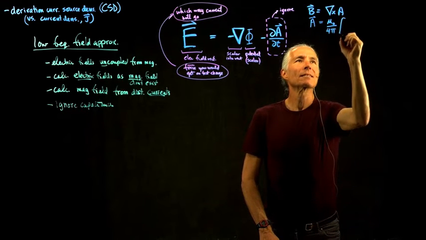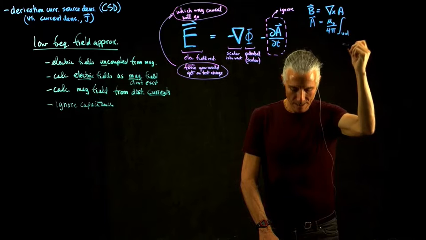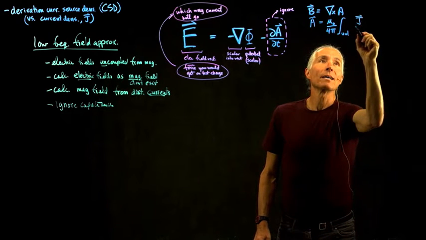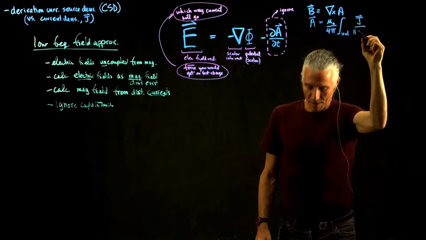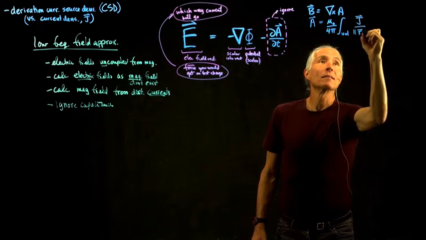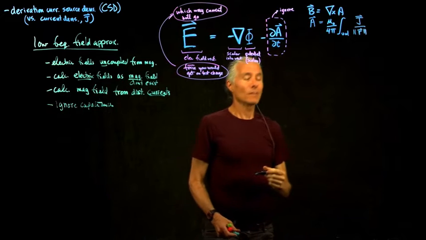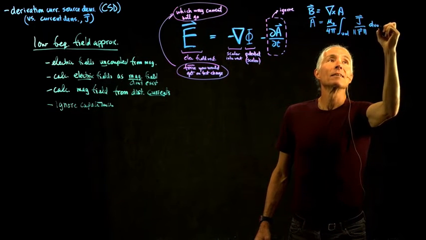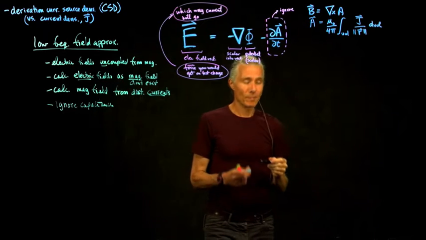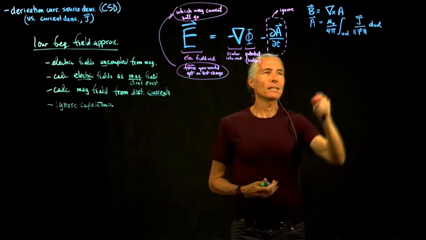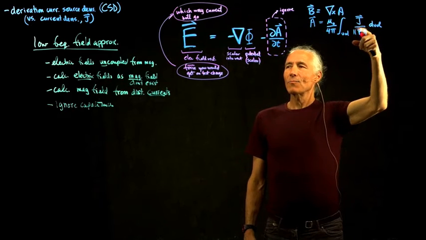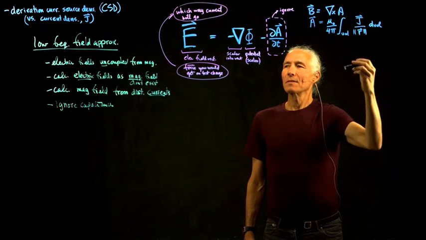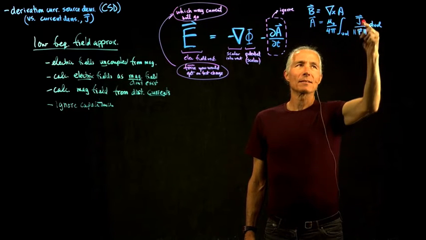Basically it's the sum over a volume of all the currents weighted by what their distance away is, summed across all the volume elements. So it's a distance-weighted vector sum, because this is a current.